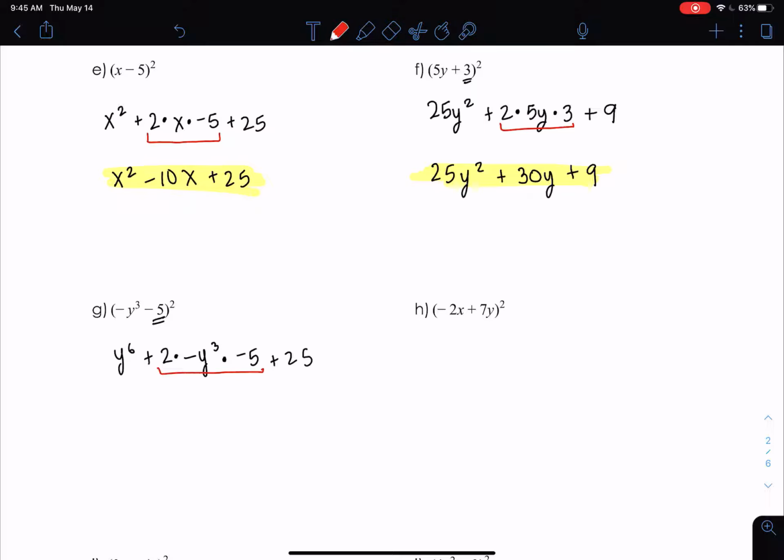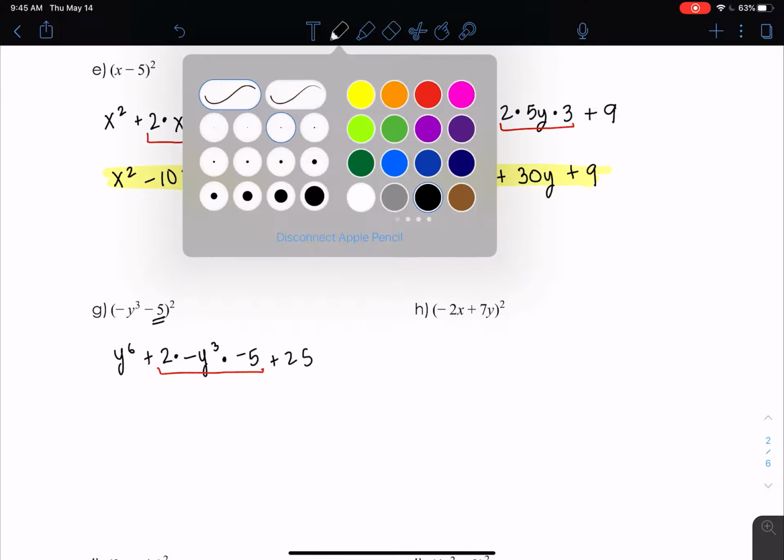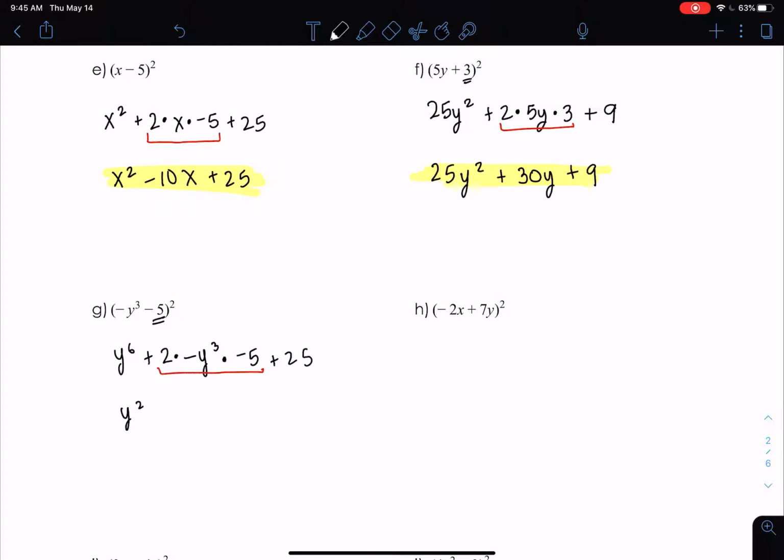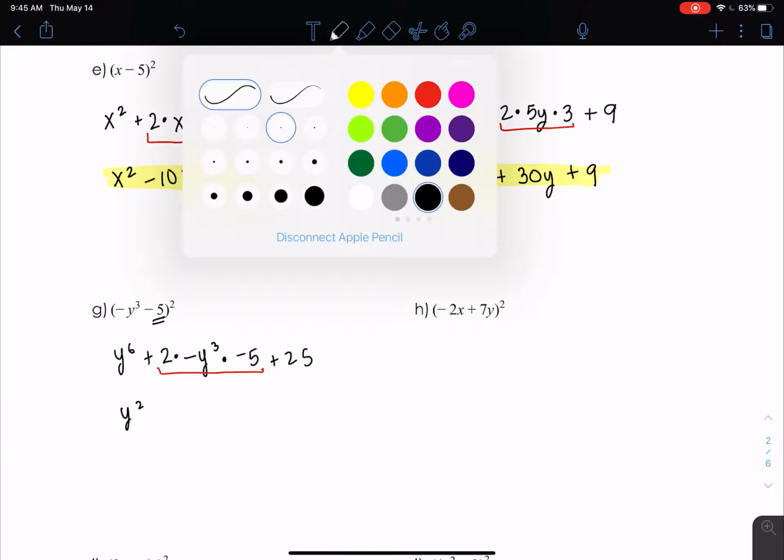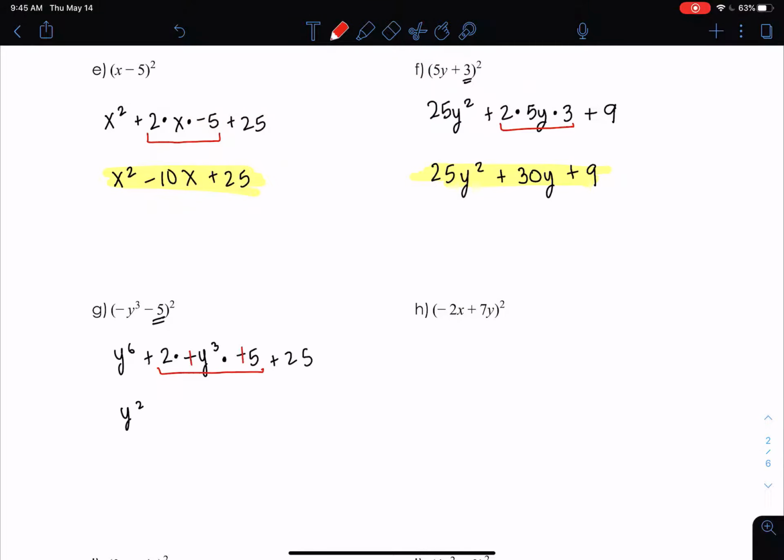They don't go together. We got to multiply first. So we have y to the 6th. Since I have two negatives here, they'll cancel and give me a positive. And 2 times 5 is 10 y cubed. Plus 25, and we're done.